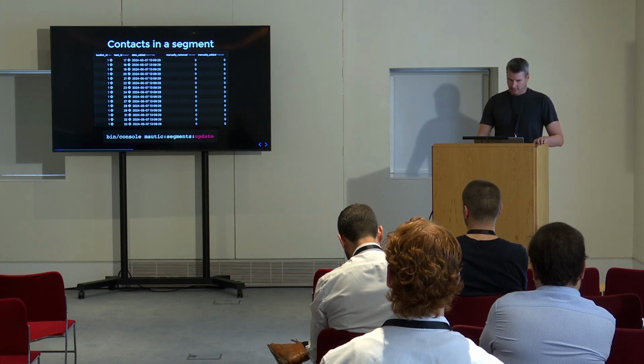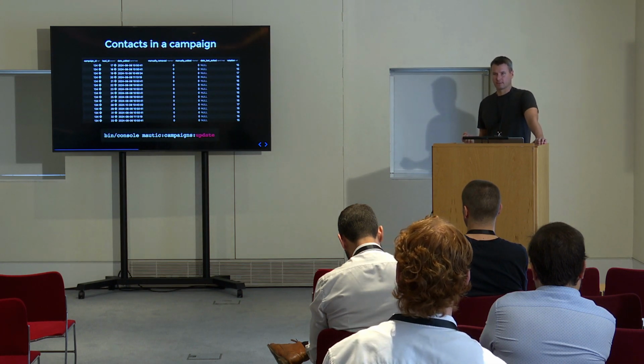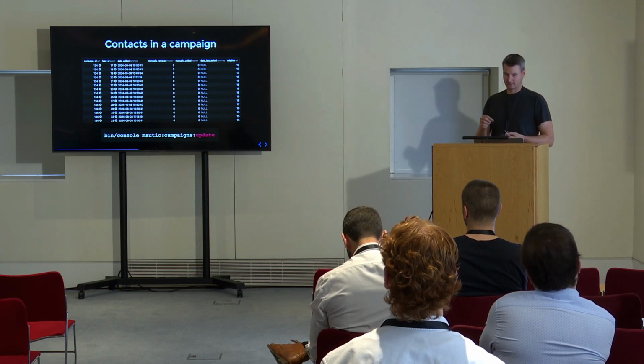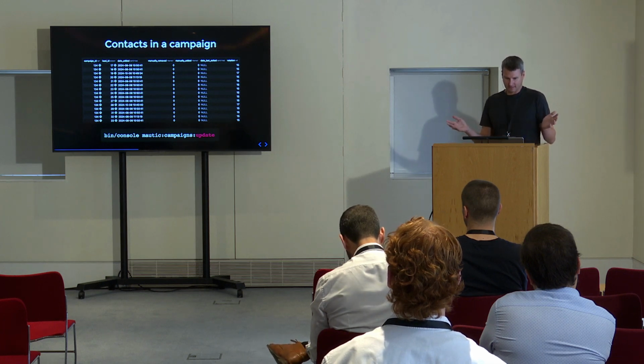And if we take a look at the campaign membership, it's basically the same table. So this command to update campaigns will just move all the contacts from one table to another. And it's basically the same data.